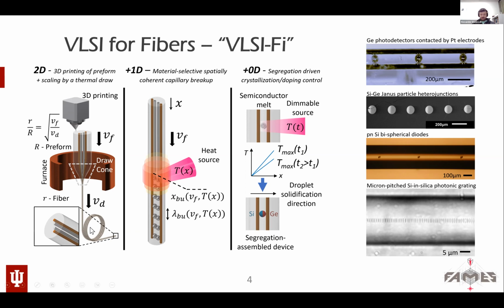But however intricate, however complex the cross section of a fiber, it is still axial uniform structure. So we need to find a way also to control the 3rd dimension of a length of a fiber. And that we do by a post-processing step, which is based on local amplification of capillary instabilities. So let's say you have 2 semiconducting cores surrounded by 2 metallic cores.